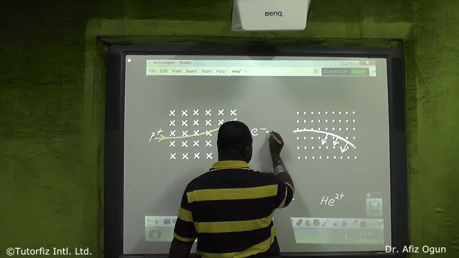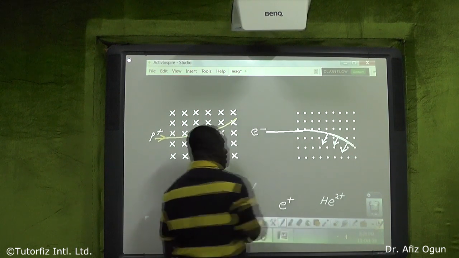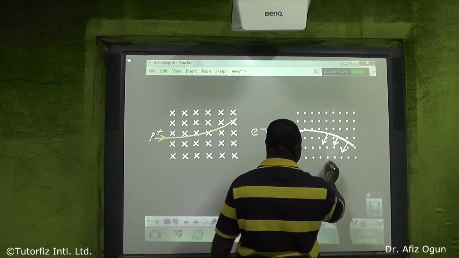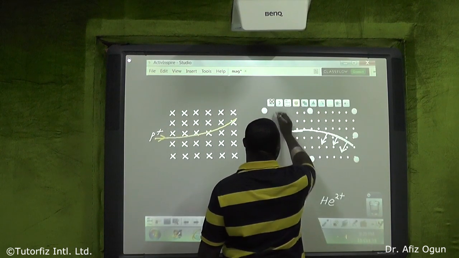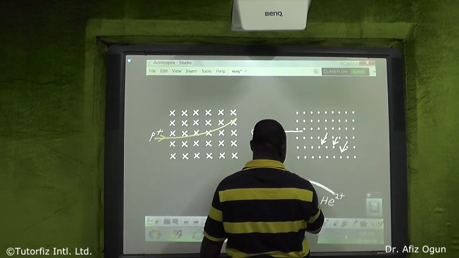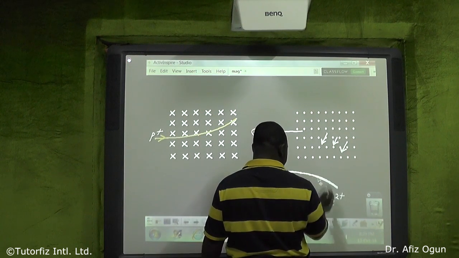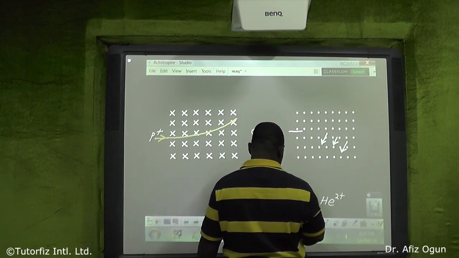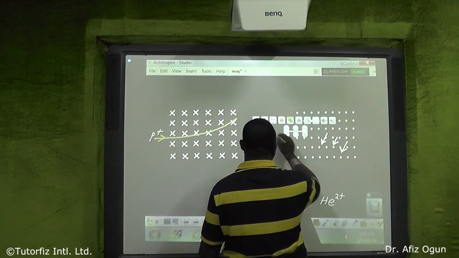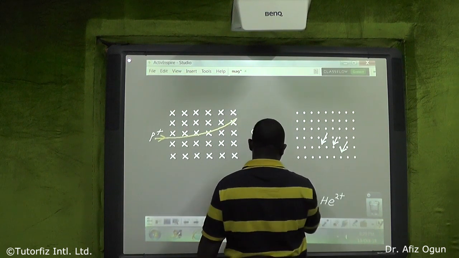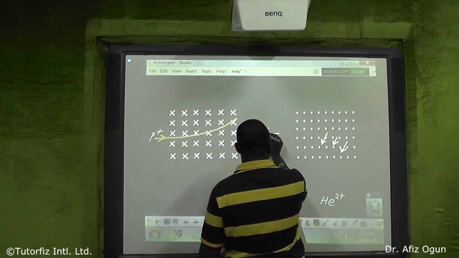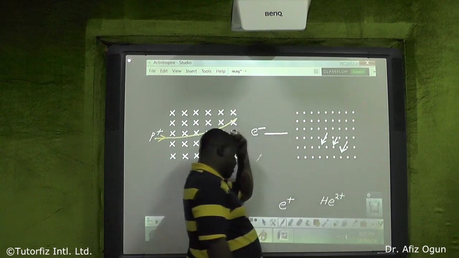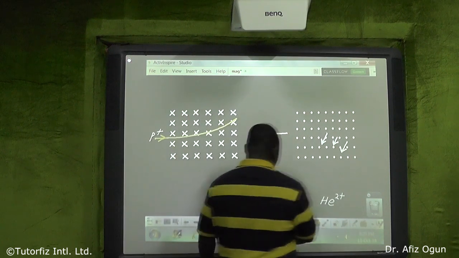Yes, the electron still goes in, but when you are talking about Fleming's left-hand rule, this time you will be talking about the electron going opposite direction of current, because it is negative. So when electrons go in that way, how will current move? Electron moving in that way, how will the current move?